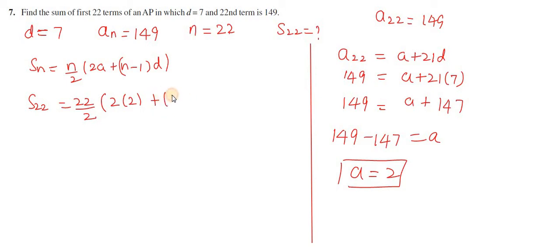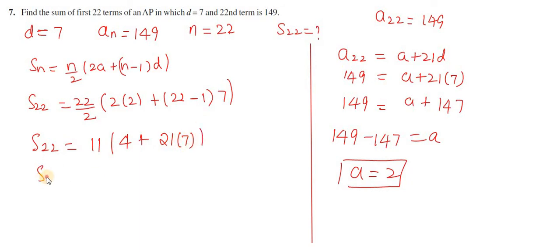So we know that it is 22 minus 1, what is the n value, 22 minus 1 into 7. Therefore S22 is equal to 22 by 2, that is 11, into 4 plus 22 minus 1, which is nothing but 21 into 7.